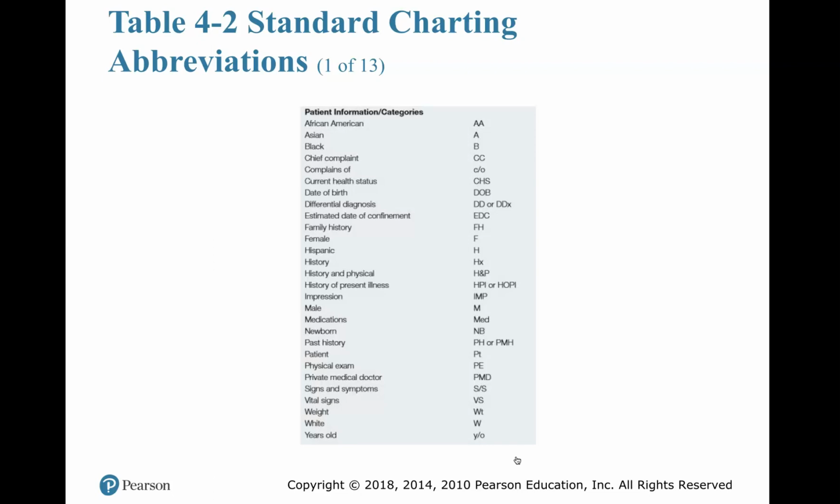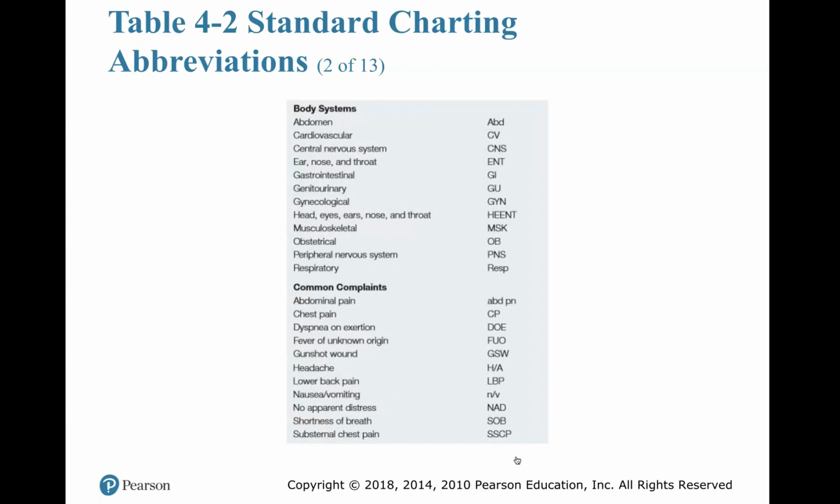Charting abbreviations. So on the left, you have the categories, patient information categories. On the right, you have the abbreviations. Again, I'm not going to read every one of them to you, but you can look at them and study them. They're in your textbook as well.